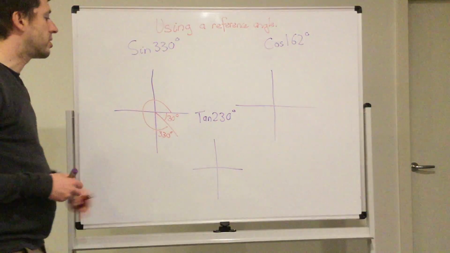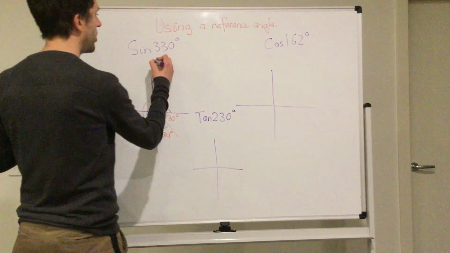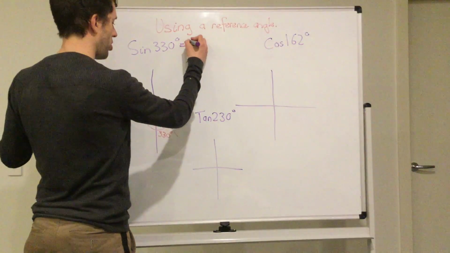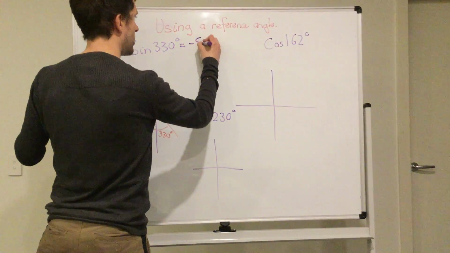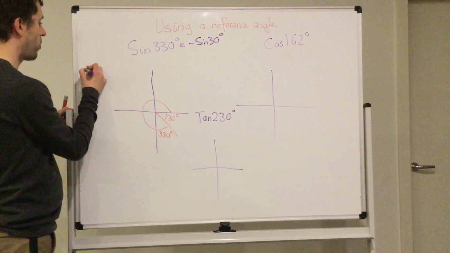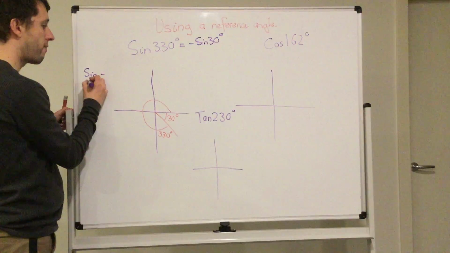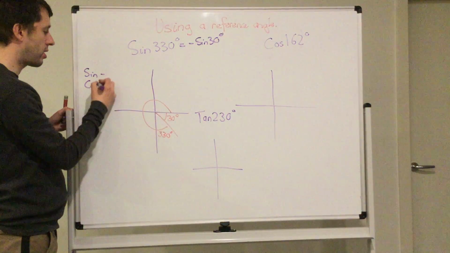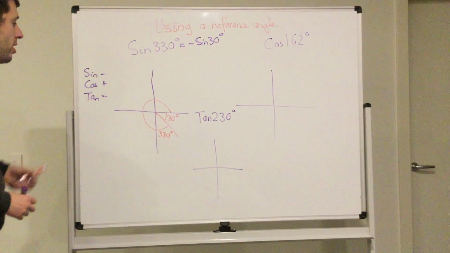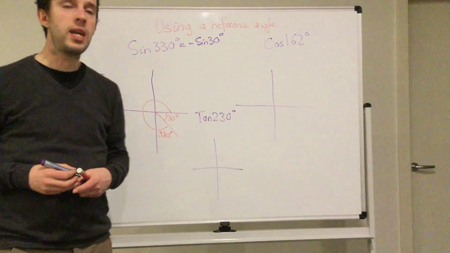The y-axis is negative here, so I'm going to have it as negative. That means it's equal to negative sine 30 degrees. We can tell straight away, sine is negative, cos is adjacent x, so that's positive, so tan must be negative, because a negative and a positive equals a negative.